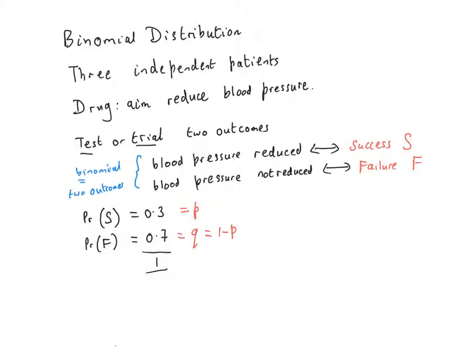And in this example where we have three independent patients, we're going to be interested in answering questions such as, what is the probability that the blood pressure is reduced in exactly two of the three patients?